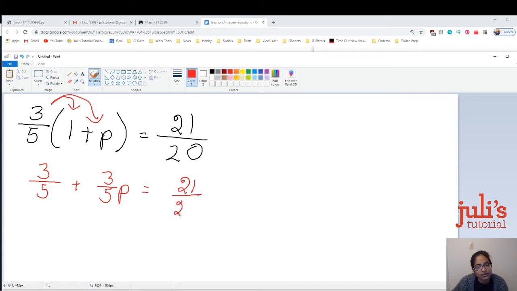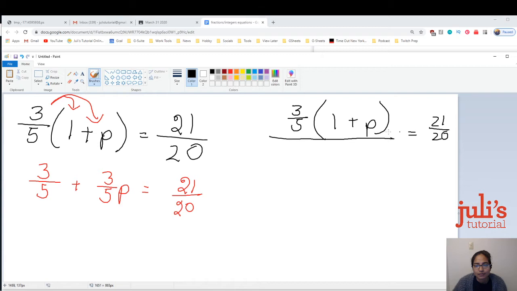Or you can do this. Get rid of the denominator here. Right?